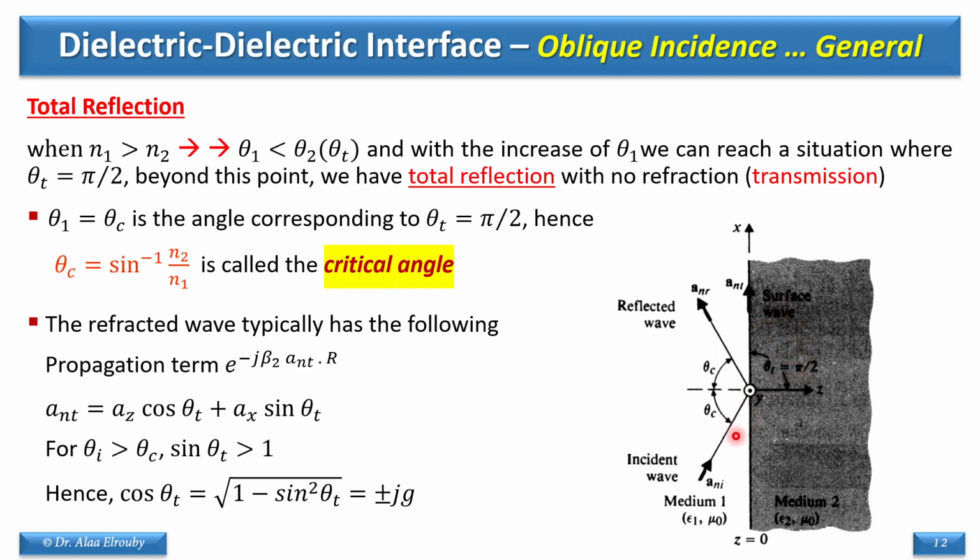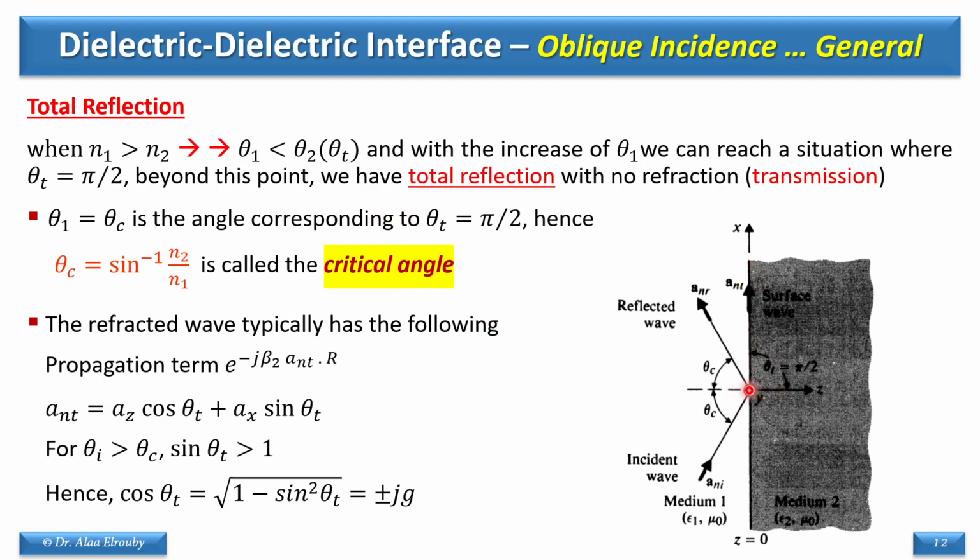Of course, when this is getting larger, theta transmitted will also get larger, but theta t is always larger than theta incident. So at a certain value, theta transmitted will be 90.